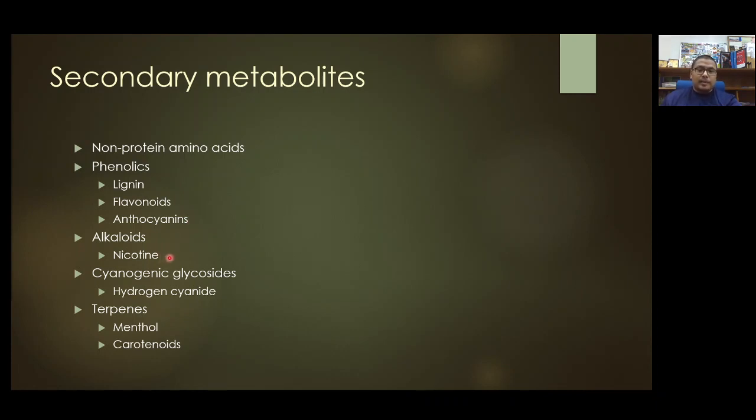Nicotine, one of the important secondary metabolites, can be found in the alkaloids group. Hydrogen cyanide can be found in the cyanogenic glycosides, and terpenes include menthol and carotenoids. So these are important secondary metabolites that are usually found in plants and usually used to differentiate plants.